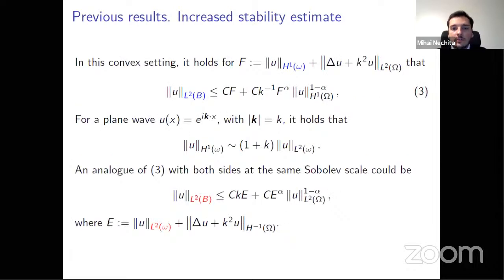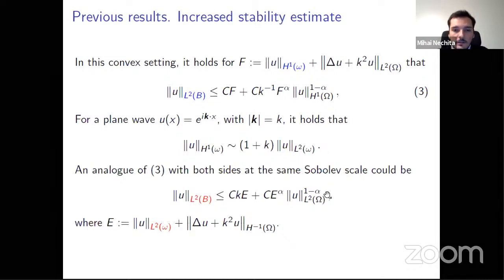Our goal is now to see what can be obtained for weaker norms. And for this, just a rough argument could be to consider a plane wave like this, u equals e to the ik dot x, and to rescale the H1 norm in terms of the L2 norm. So the rescaling would bring another power of k.